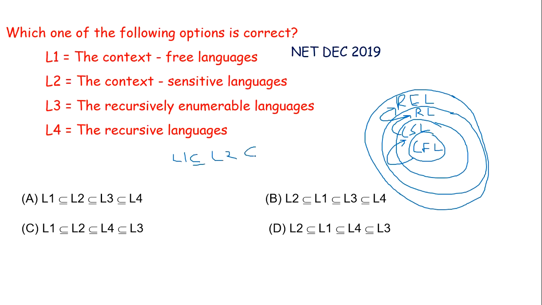Then it will be a subset of recursive languages, which are represented using L4, and then we have recursively enumerable languages, that is L3. So if you see our options, option C is our right answer.